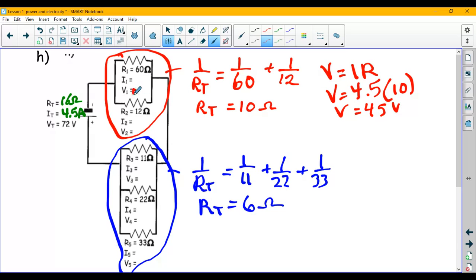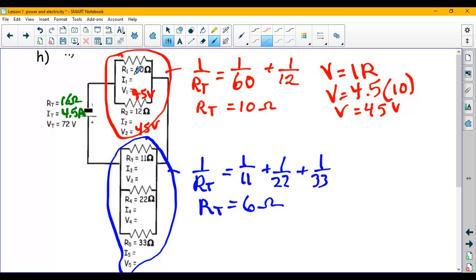That means the bottom one is 45 volts and the top one is 45 volts because it doesn't matter which one it goes through because they're in parallel, right? Both of them will be the same number. So 45 and 45. This now lets me find my current because I can now use V equals IR again, right? Ohm's law.